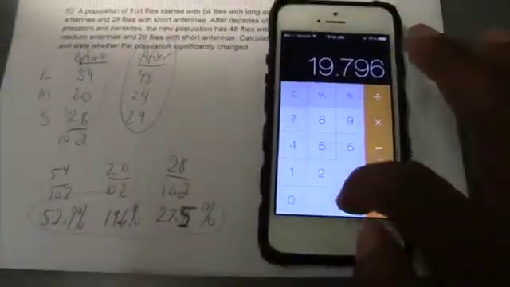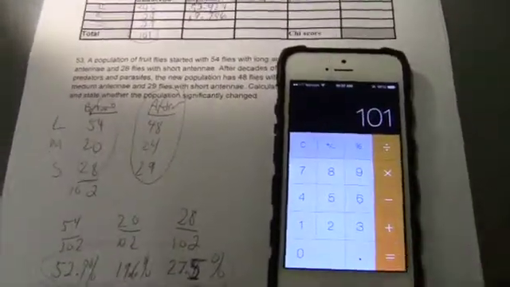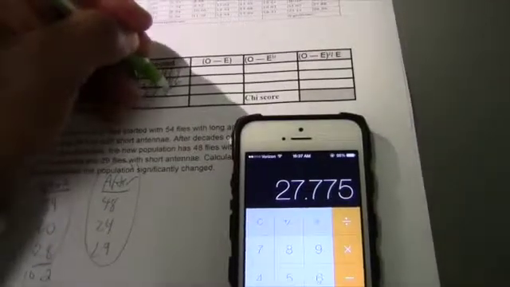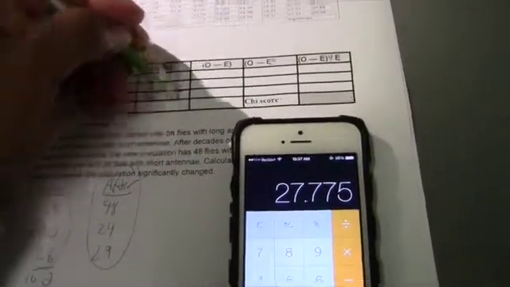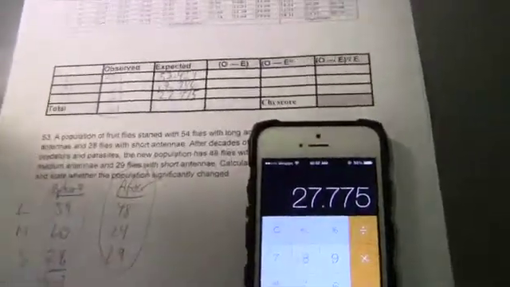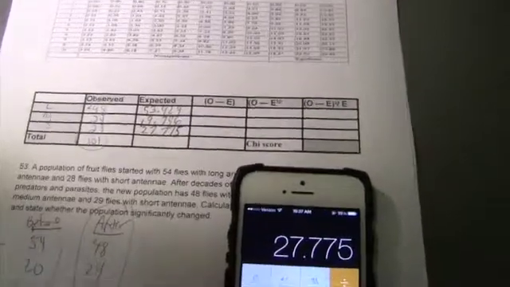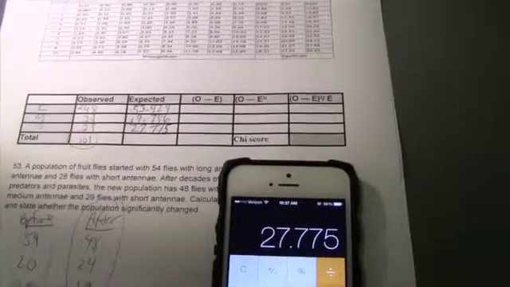And then again, 0.275 times 101. So that's 27.775 organisms. I know you're wondering how can we expect point organism. We can't, but we're just going to plug those numbers in for consistency reasons.